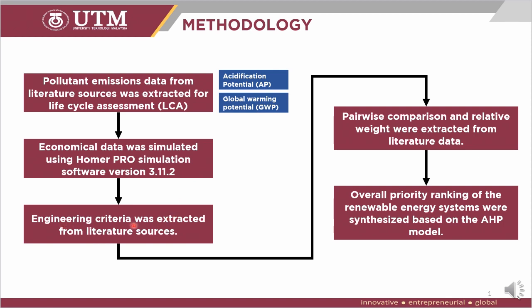Next, we go to the engineering criteria, which will be extracted from literature sources. After that, pairwise comparison and relative weights were extracted from literature data in order to obtain the analytical hierarchy process result. Last but not least, the overall priority ranking of the renewable energy systems was synthesized based on the AHP model, which will be shown in the next slide.